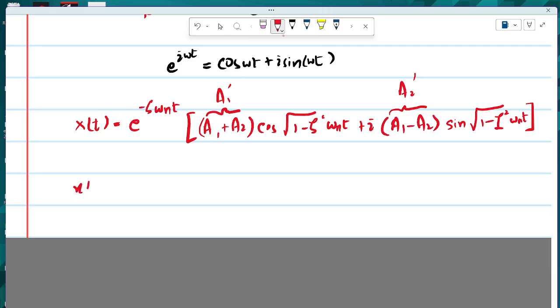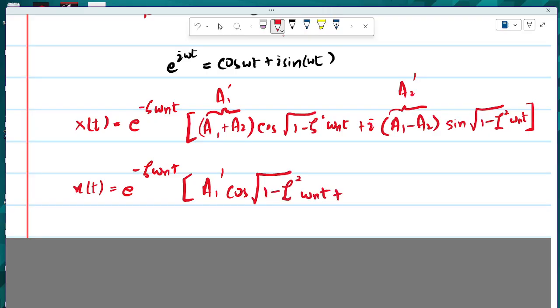So x of t is equal to e^(-ζωn t) times a1 prime cosine of √(1 − ζ²) ωn t plus i a2 prime sine of √(1 − ζ²) ωn t.